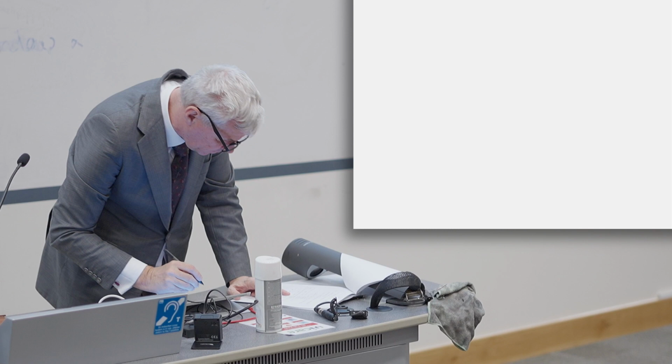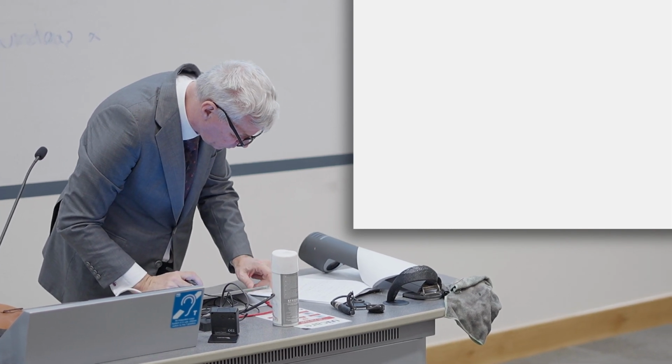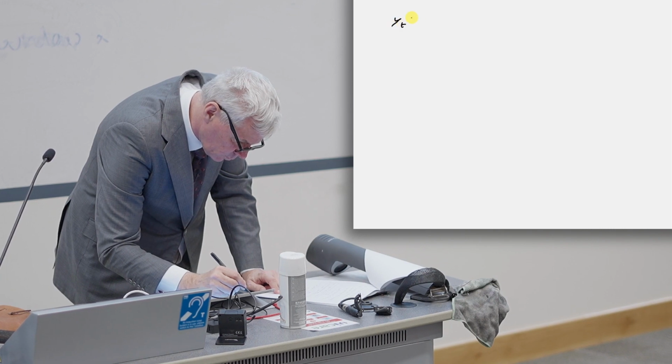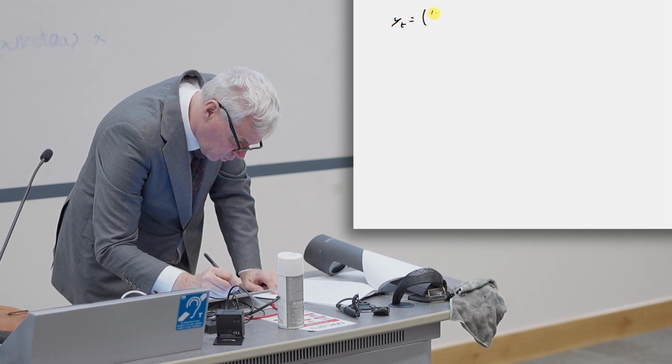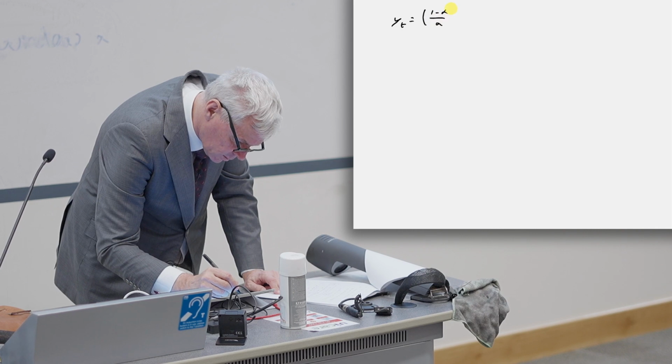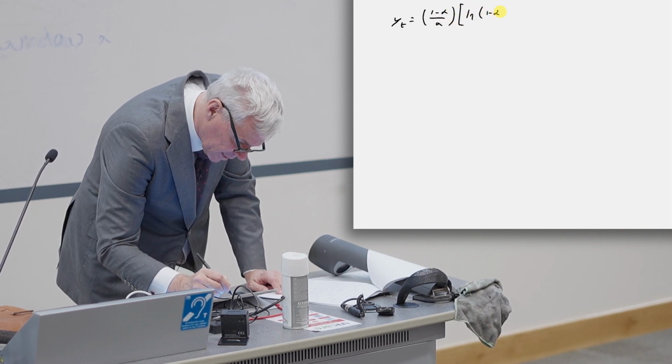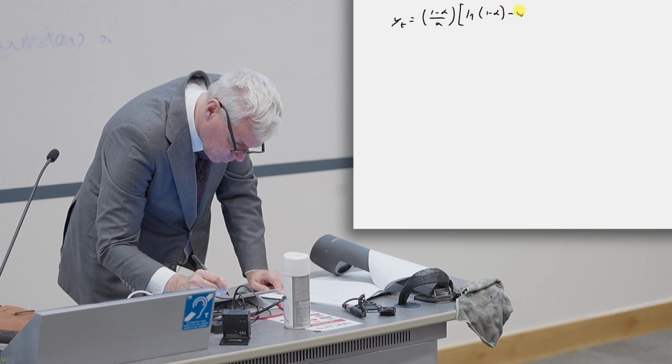So that gets me (1 minus alpha) over alpha times (ln(1 minus alpha) minus W bar).